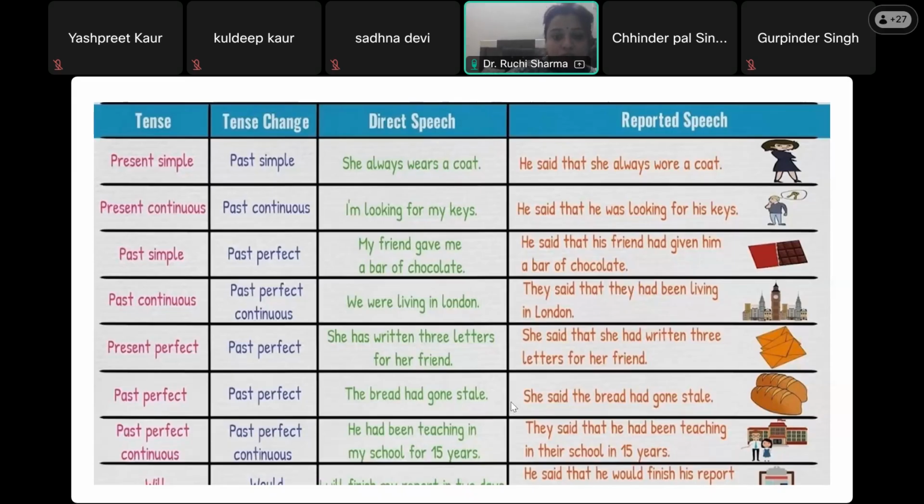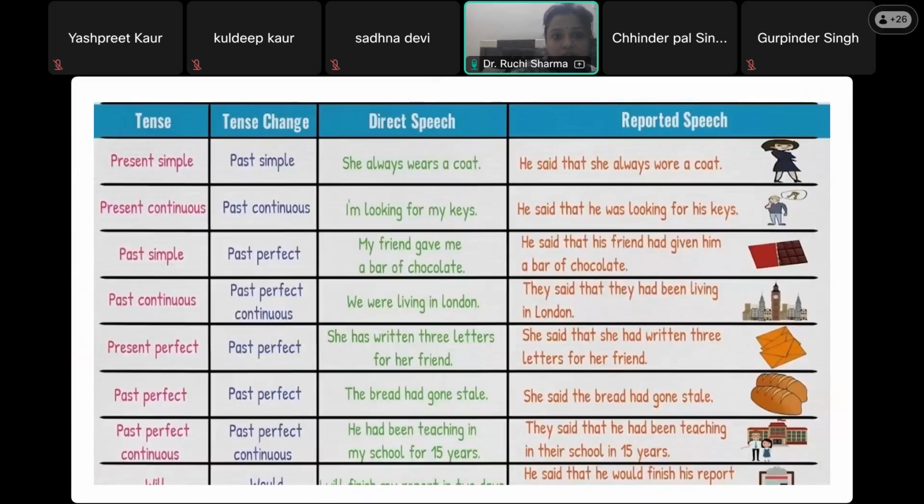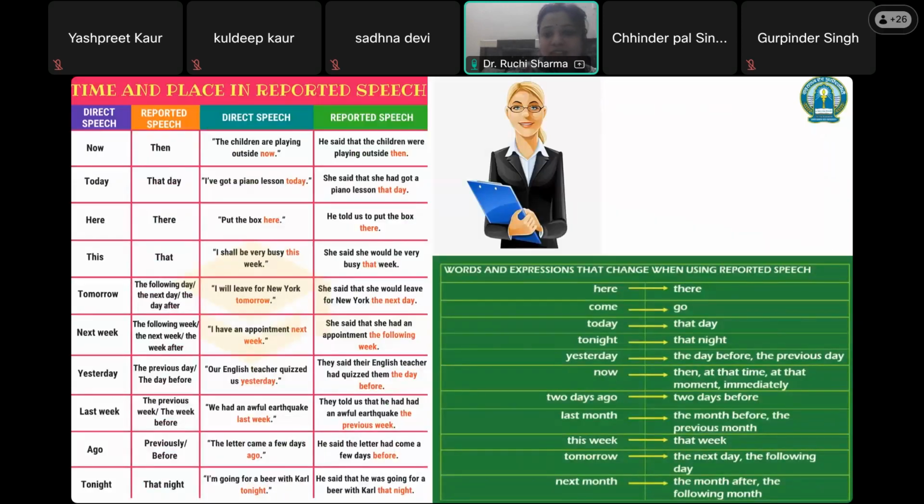So we have already had a look at these sentences. Now, let's look at how time and place are utilized in reported speech. Please look at the table. As you see, now becomes then, today becomes that day. So let's look at one example.